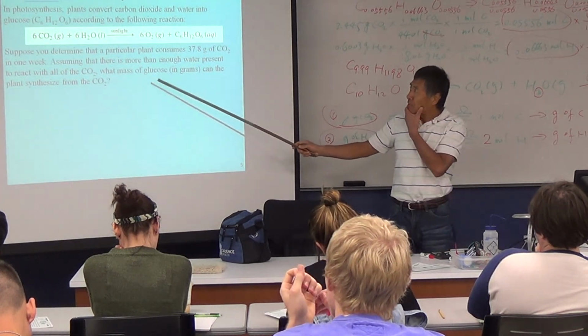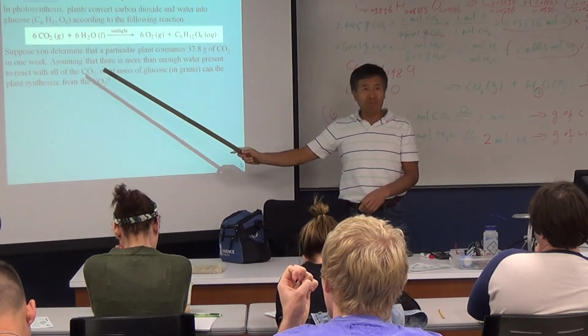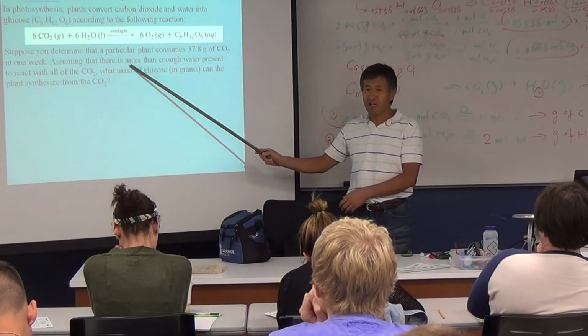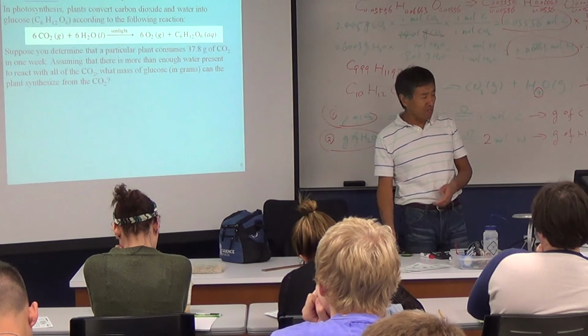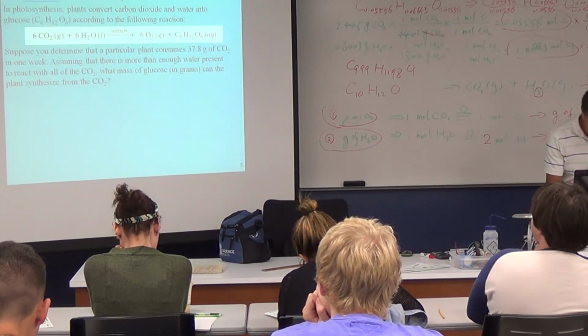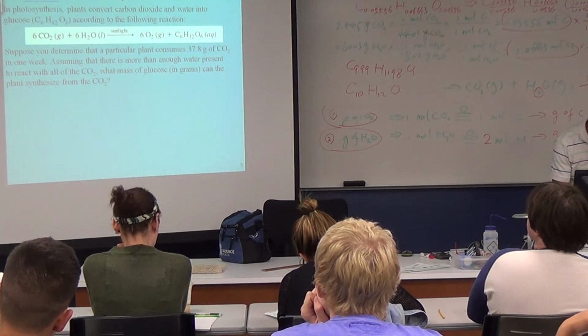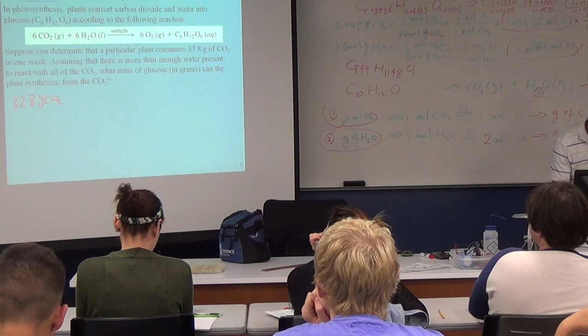Obviously you have two reactants. You do not have exact information about the other reactant, but it tells you there is more than enough water, so you don't have to worry about the other reactant. Okay? So our conversion plan, you already saw that before, I'm going to skip that. So I'm just starting with 37.8 grams of CO2, right?